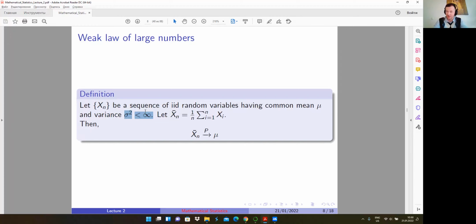Don't forget about this. So there is a balance between how large the sample size must be. On the one hand, it must be large enough in order to be to some extent sure that the weak law of large numbers works. On the other hand, this sample size must not be so huge that it covers half of the population.